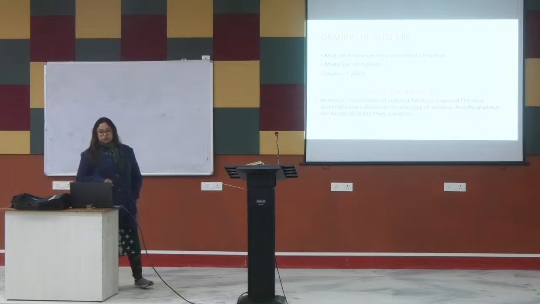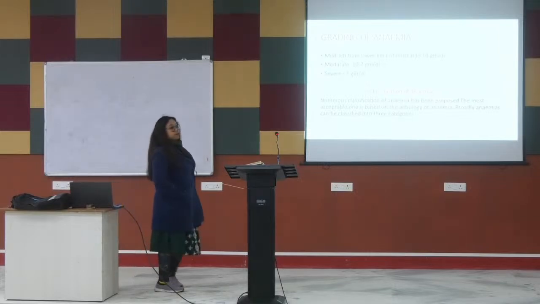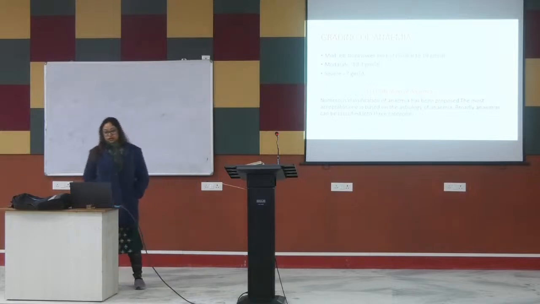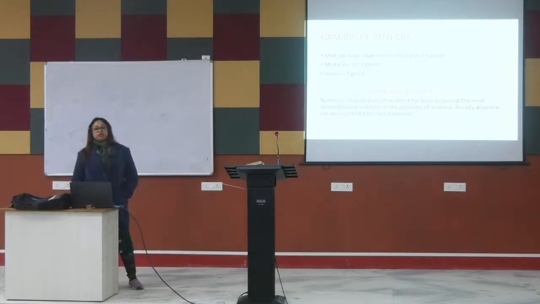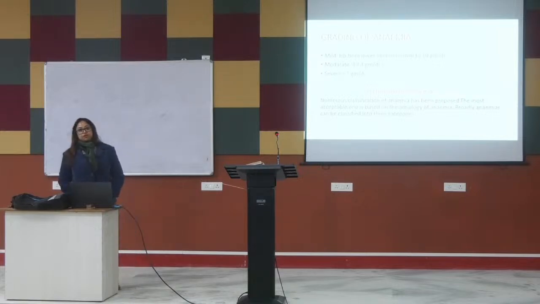Next, coming to the moderate. Moderate is 10 to 7 gram per deciliter. That is moderate anemia. And you call it severe when it is below 7 gram per deciliter. Is this clear to everyone? If there is any confusion, please ask me after the class.